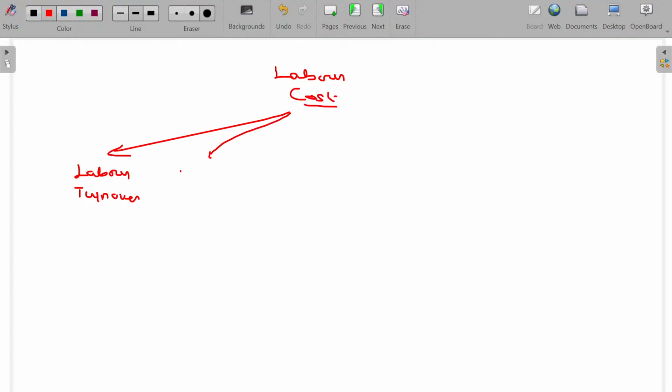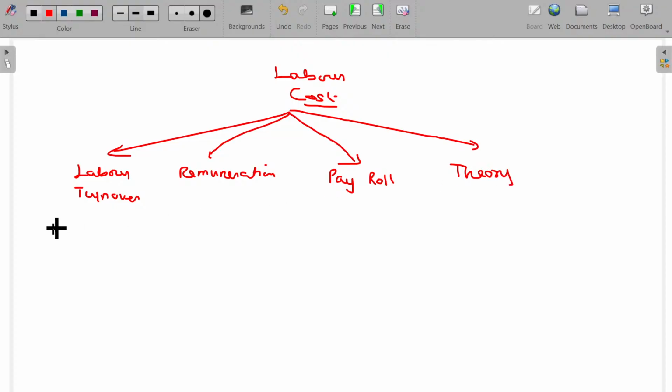Second being fixing the remuneration. And you need to understand payroll accounting, and some related theory. These are the 4 aspects that are going to be covered.